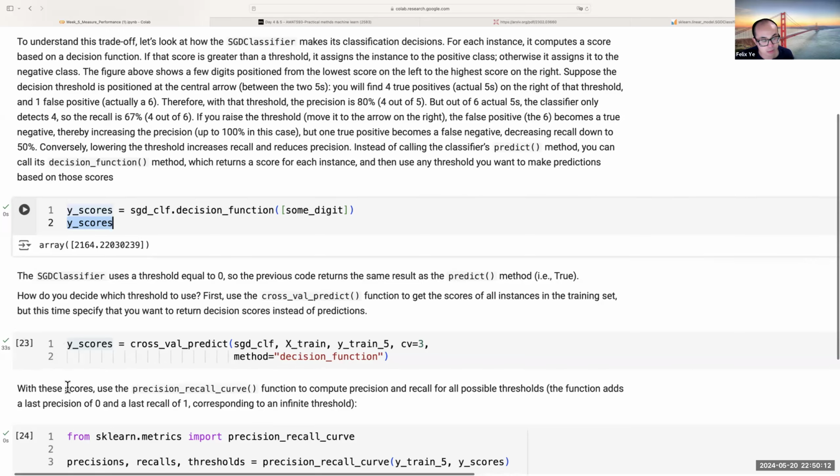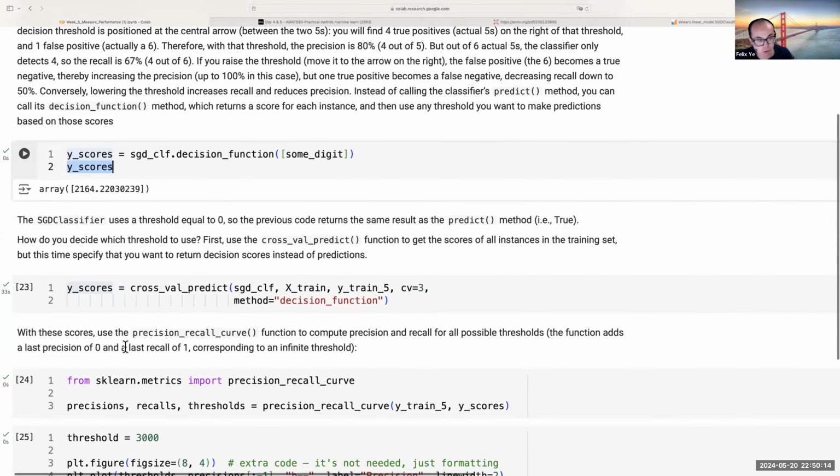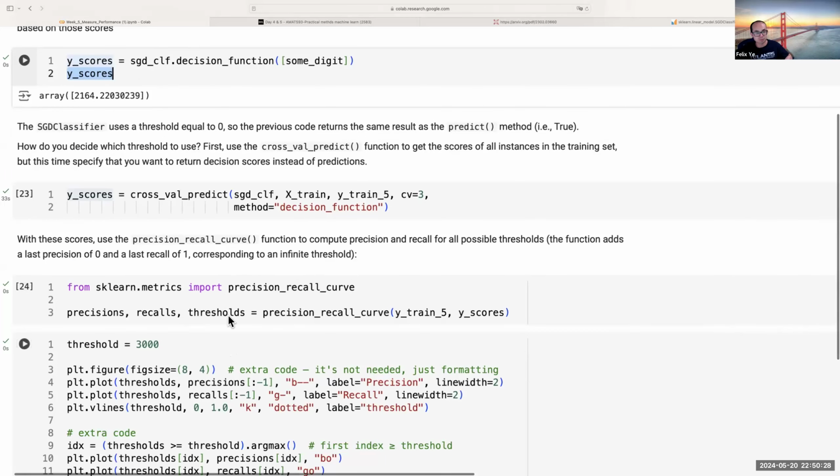With these scores, we can plot something called the precision recall curve that computes the precision and recall for all possible thresholds. This is very important. We can plot it out for y_train, which is the target variable, and y_scores, which is the score that we have.